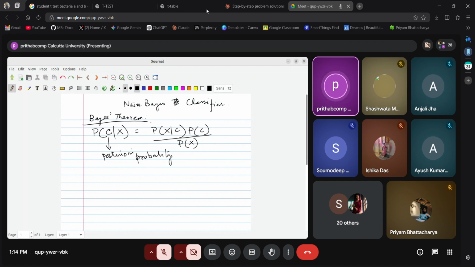This C part you can think of as that particular class that we are finding out. Probability of what class, given an X, right? Probability of C is the prior probability of this event C. And probability of C given X is what is called the posterior probability.